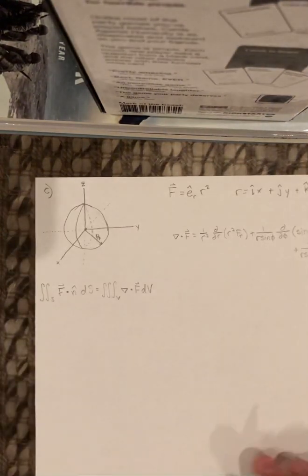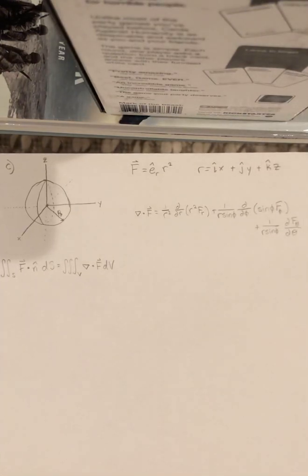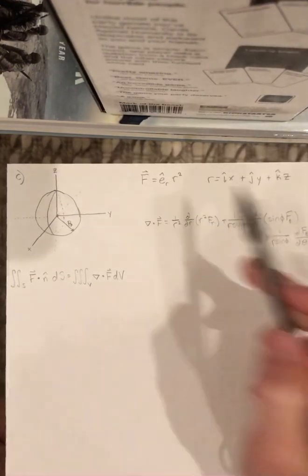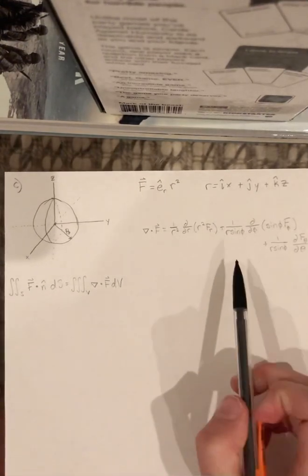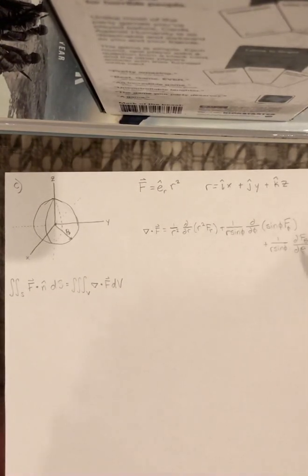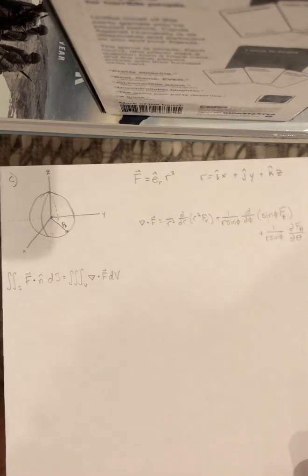And then lastly, for C, we have a sphere that we need to prove. So for this one, same as a cylinder, we have the two starting functions, and then del dot f is going to be, again, similar to what we had last time, but slightly different for spherical coordinates.